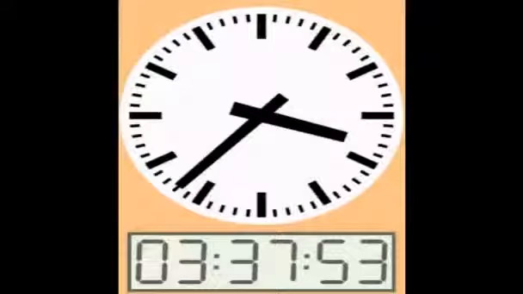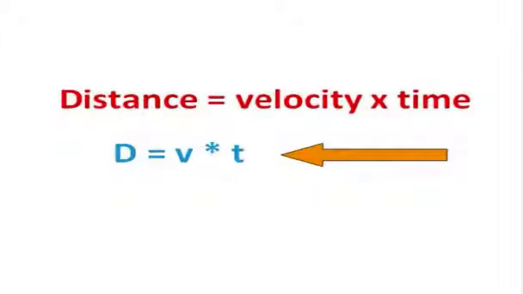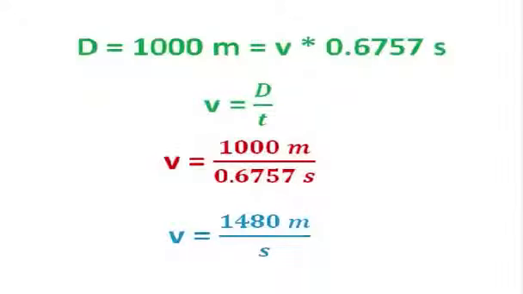Their timing device reports that the travel time was 0.6757 seconds. They insert these numbers in their formula. Capital D equals V times T, or D equals 1,000 meters equals V times 0.6757 seconds.